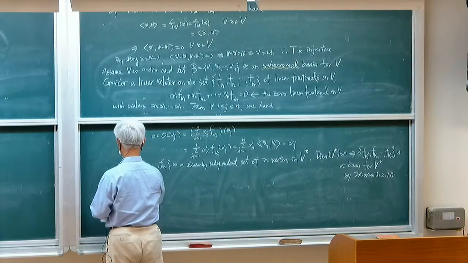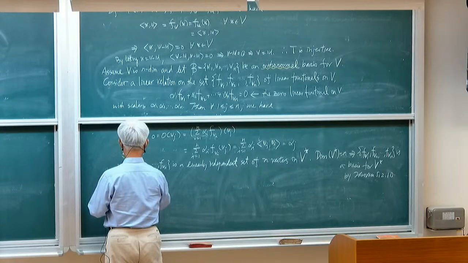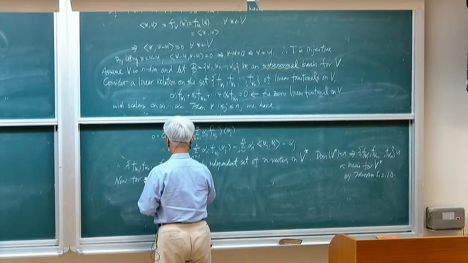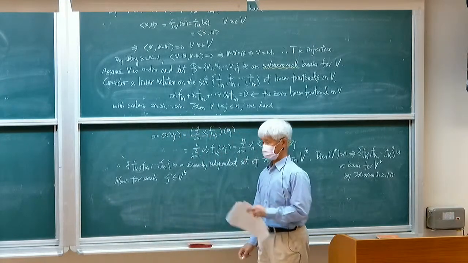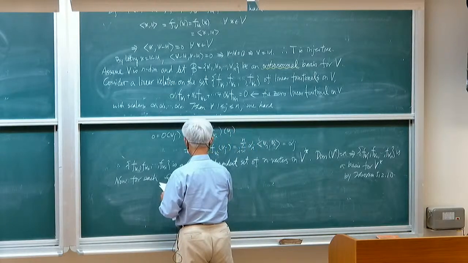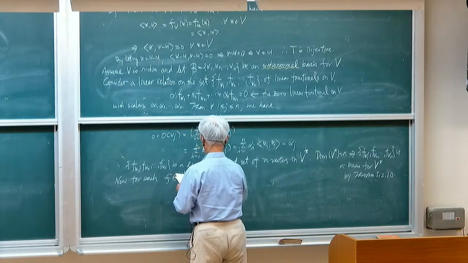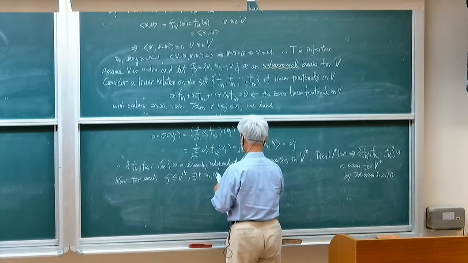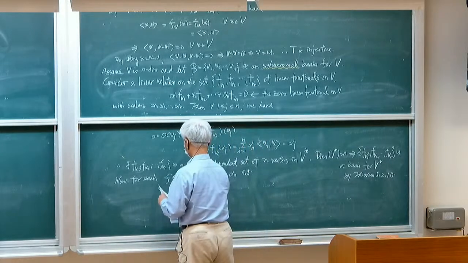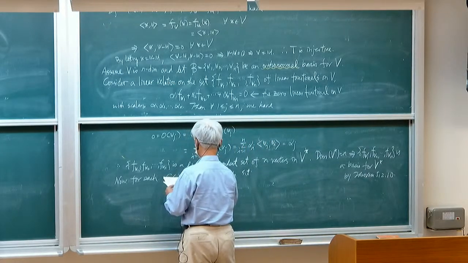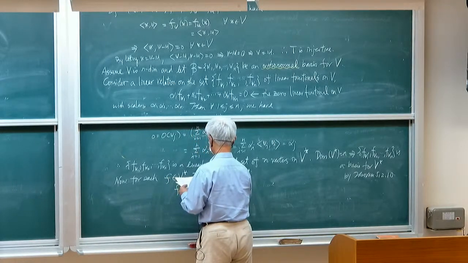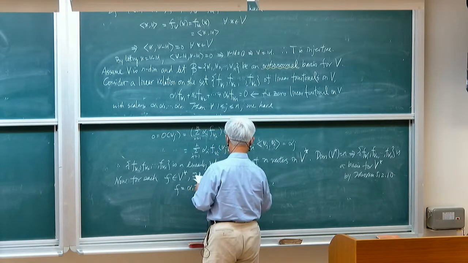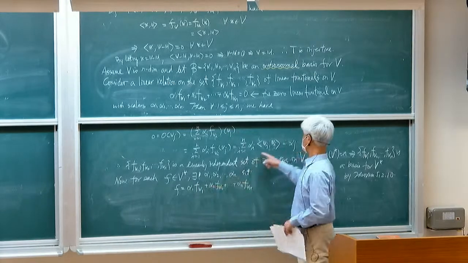So now we have a basis, right? For each f in V star, there exist unique alpha 1, alpha 2 up to alpha n such that f is the linear combination of the f_vi's, because this is a basis already.